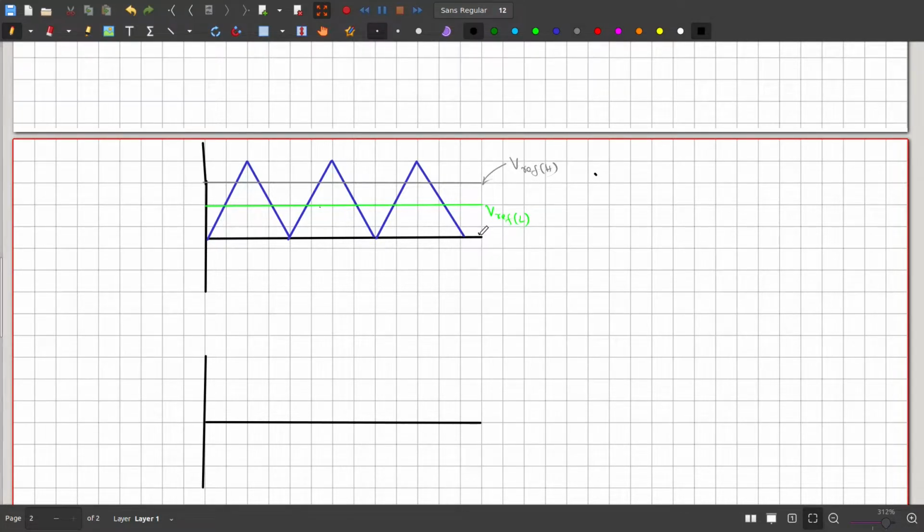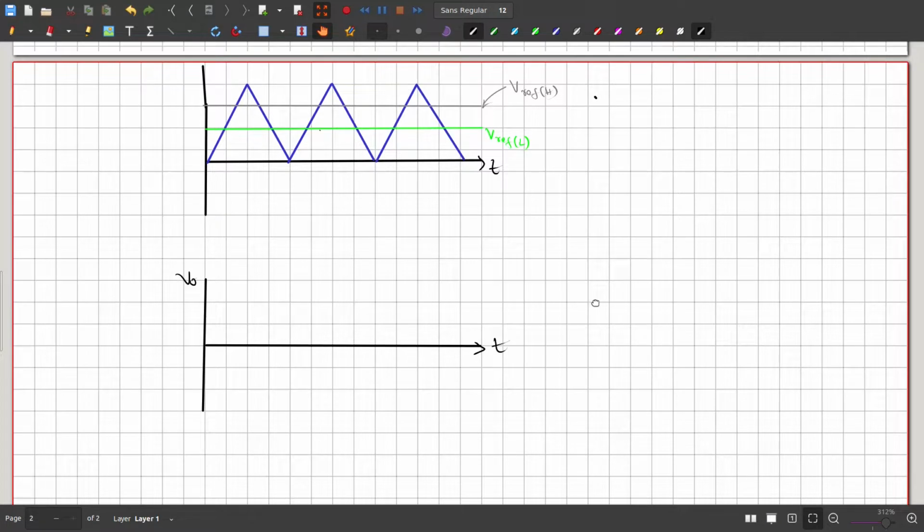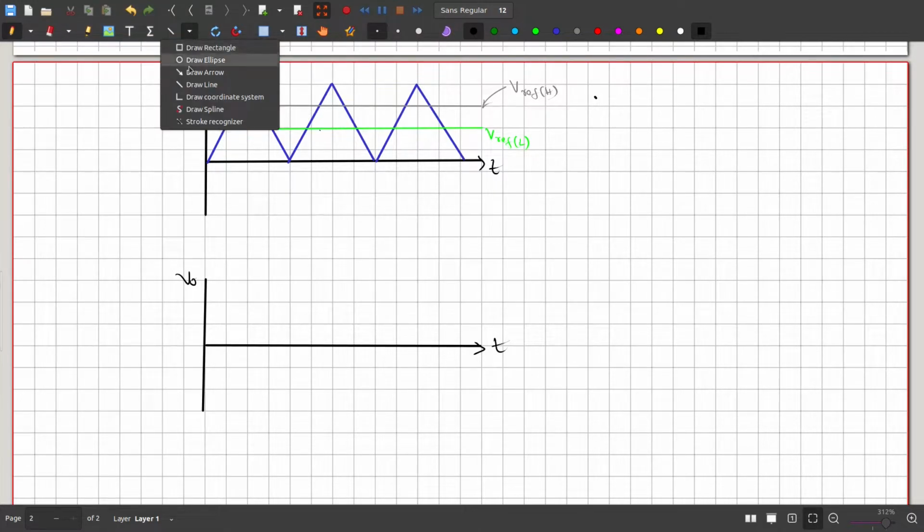And this is the time axis. So let's examine each part and see how the output behaves. This is also a time axis. This is the Vout. So let's draw parallel lines.